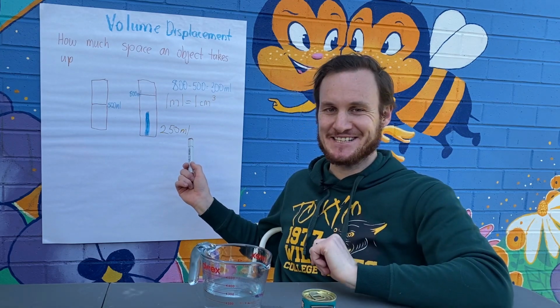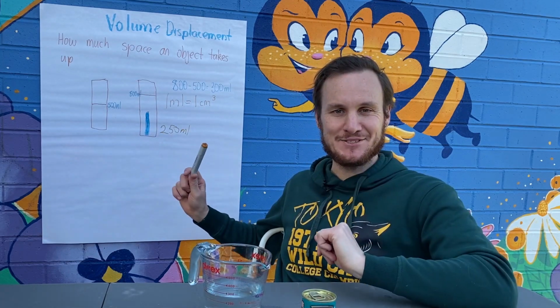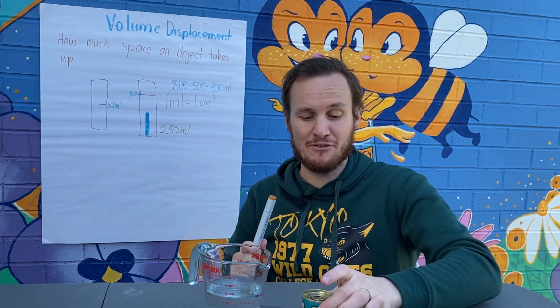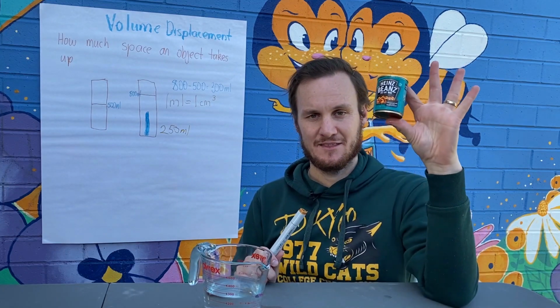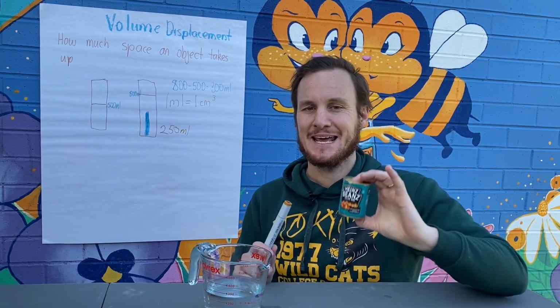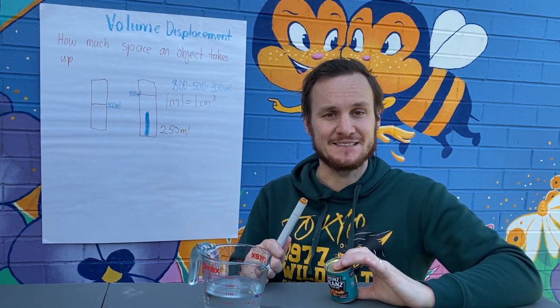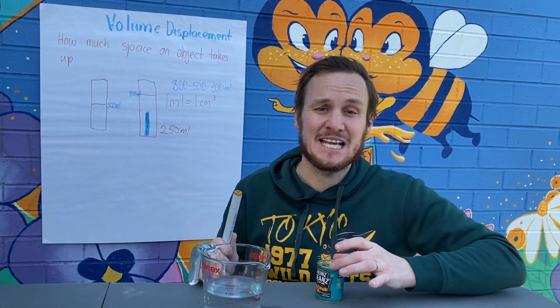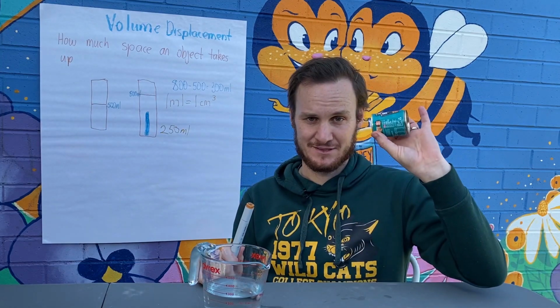This is why it's an outside activity. 400 take away 250 means that the volume of this can of baked beans is 150 milliliters. Or, if they equal the same thing, 150 centimeters cubed.